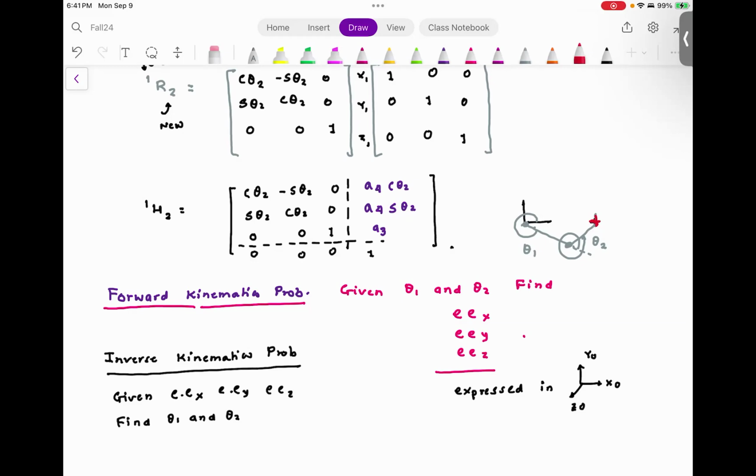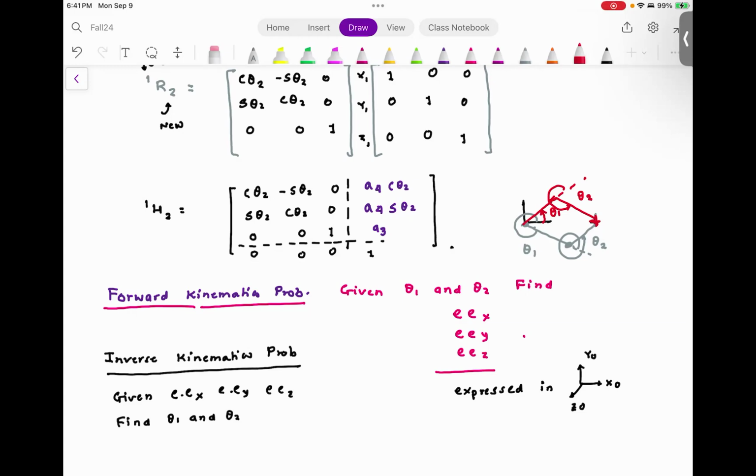Please note, the same end effector position can be reached by something like this, which means I could have theta 1 and I could have theta 2. Are you with me?